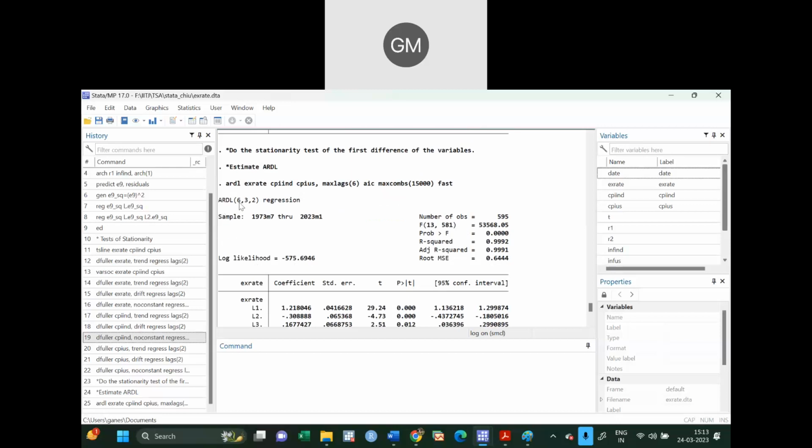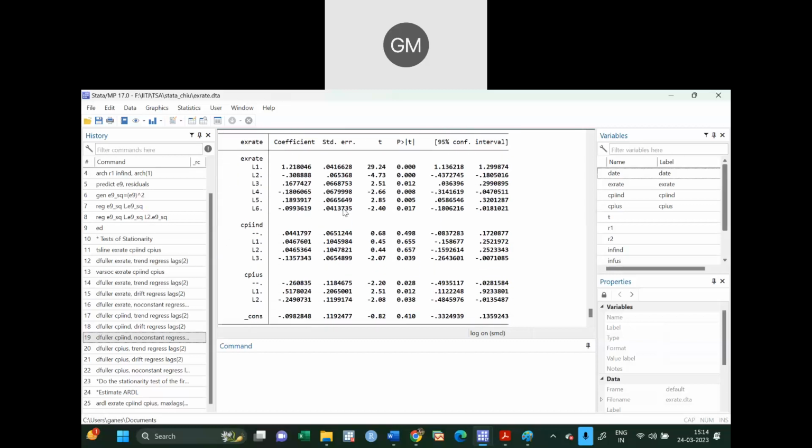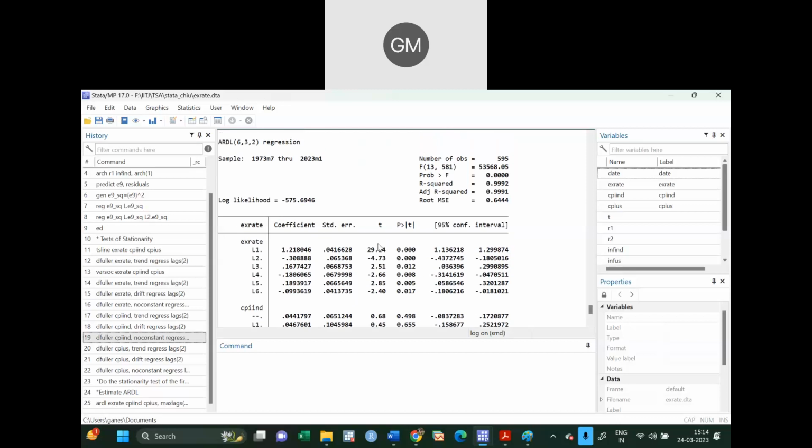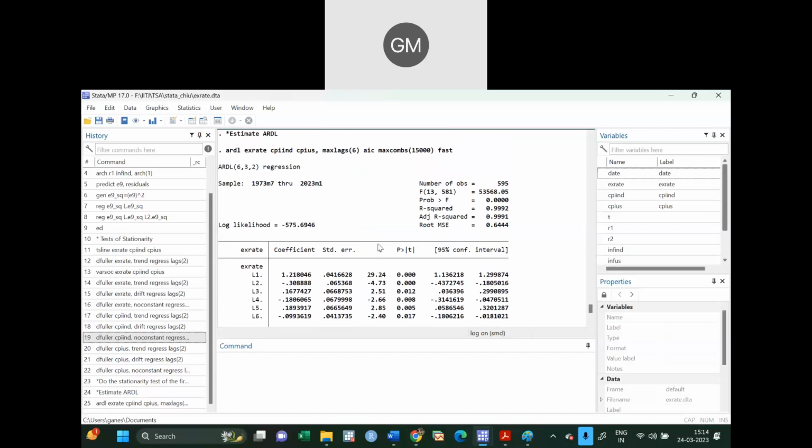So ARDL is telling you that there should be 6 lags for exchange rate, 3 lags for CPI India, and 2 lags for consumer price index of US. That's the way you can get the results as well. Now, this is just the ARDL model that you ran, where different lags are selected by Stata itself.